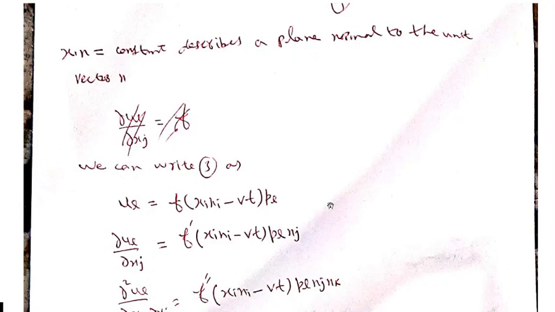You can open the summation on i: delta 1j n1 plus delta 2j n2 plus delta 3j n3. If j is 1 then you will have n1, if j is 2 then you will have n2, if j is 3 then you will have n3. So in general it would be n_j.